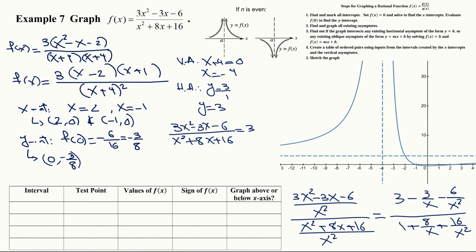If we cross multiply, we get 3x squared minus 3x minus 6 equals 3x squared plus 24x plus 48. Notice the 3x squares will cancel out, and if we move the negative 3x to the right side, we get 27x, and move the 48 to the left side, we get negative 54. So we get x equals negative 2.